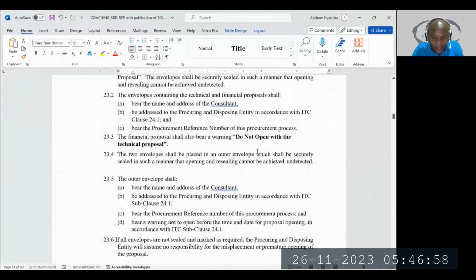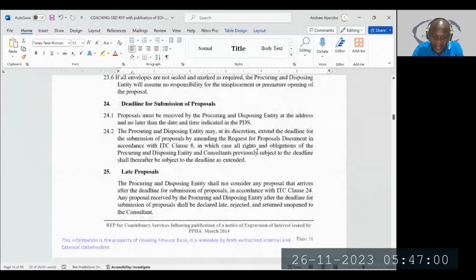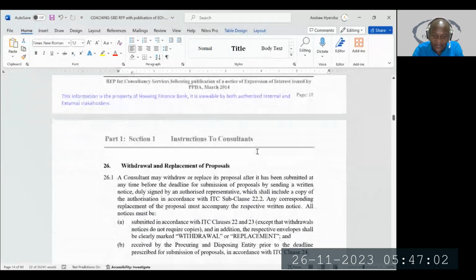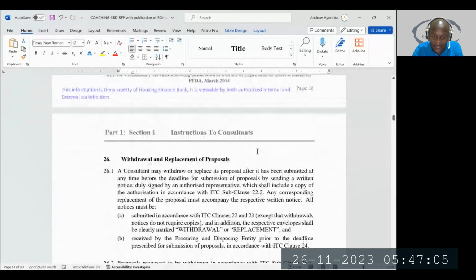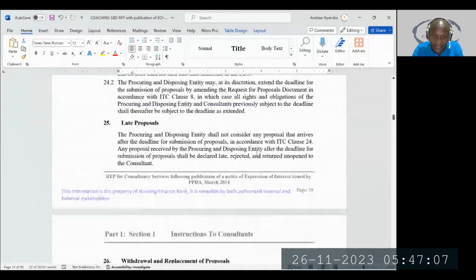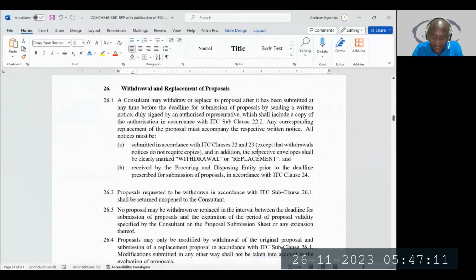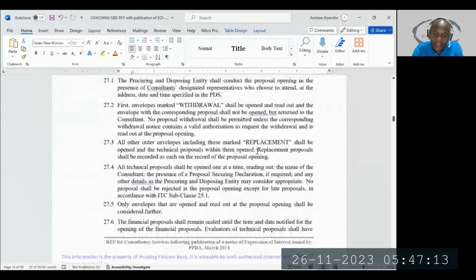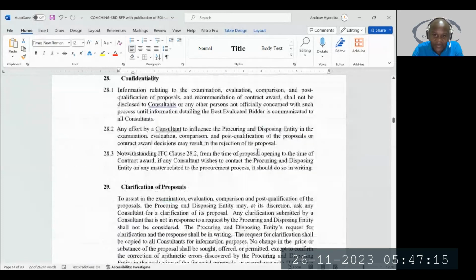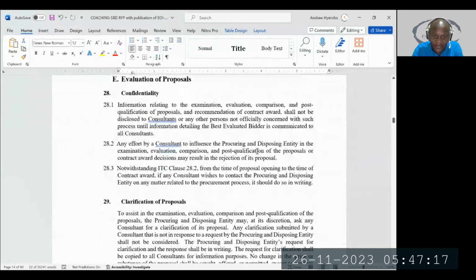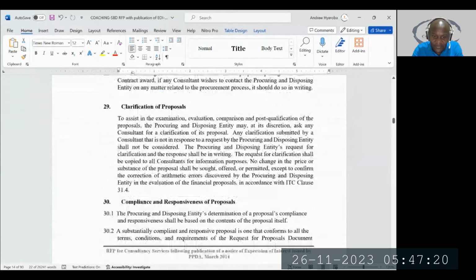There is a process of submission, and then there is a deadline. And then what happens when you have submitted past the deadline, which is late proposals, and then how you withdraw and replace proposals. And then they tell you how proposals shall be opened and how they shall evaluate the proposals, and then compliance and responsiveness of proposals.